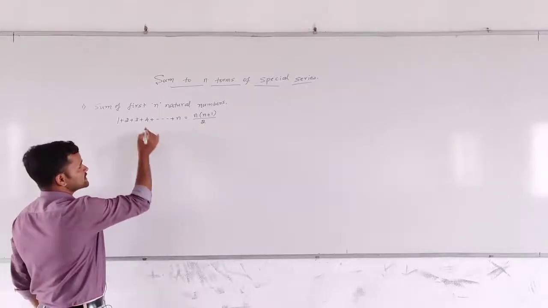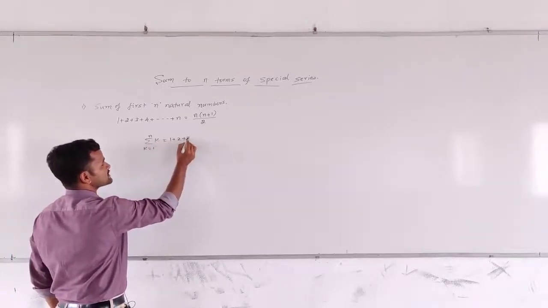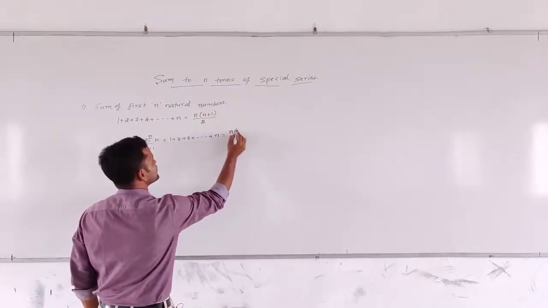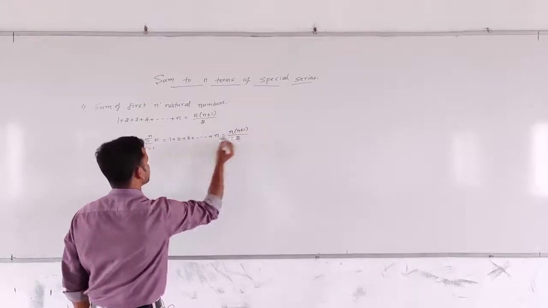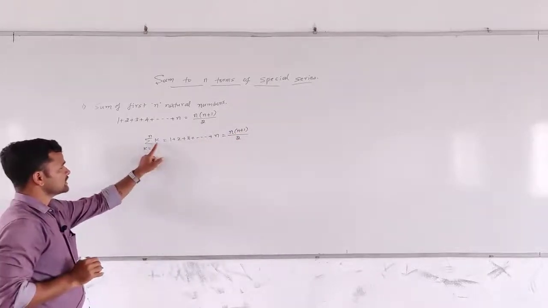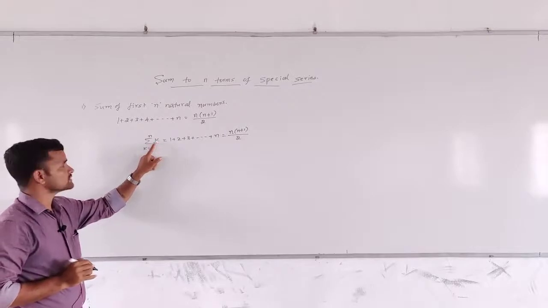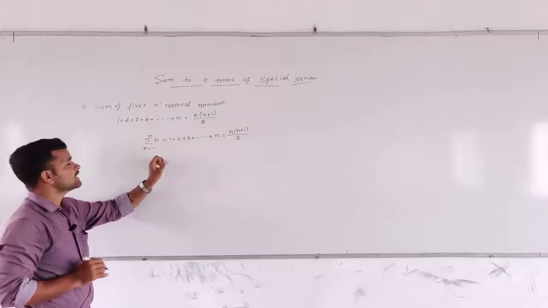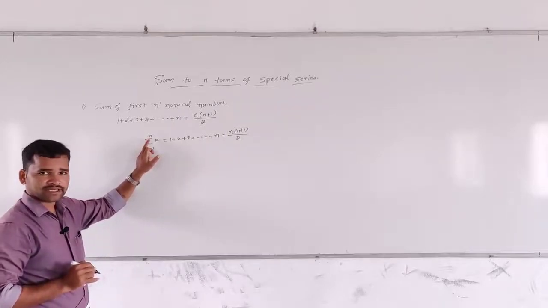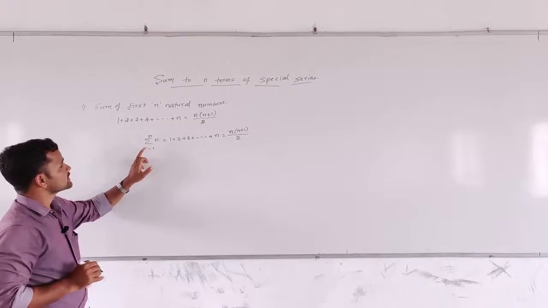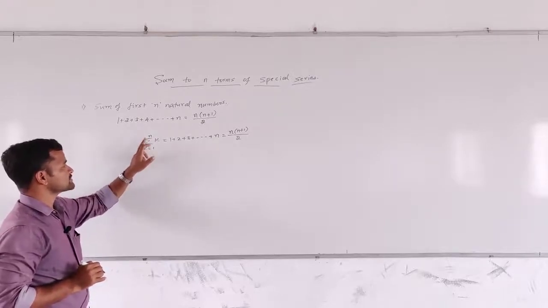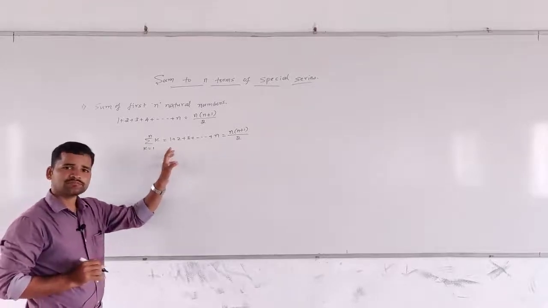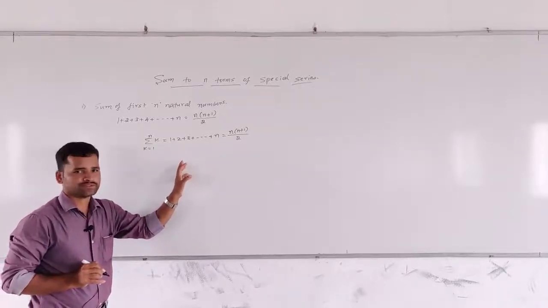So this also means 1 plus 2 plus 3 and so on up to n, which is equal to n into n plus 1 by 2 only, where k can be taken as the nth term. And suppose in place of n, 5 is there, what does it mean? Summation of k where k varies from 1 to 5 means 1 plus 2 plus 3 plus 4 plus 5, that's all.